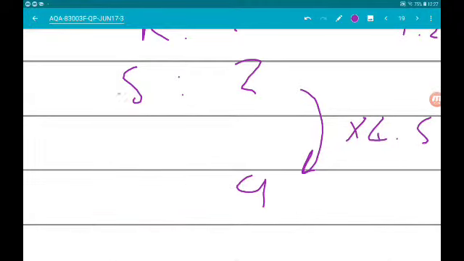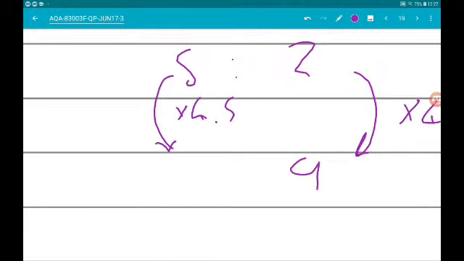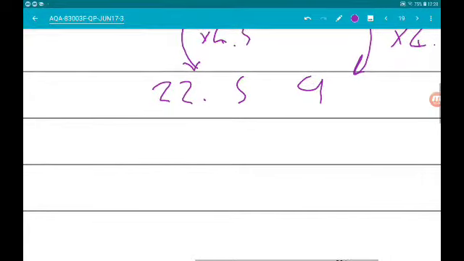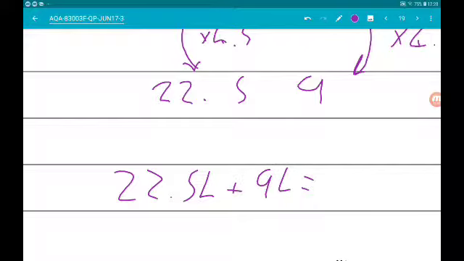So we have to do it to 5 as well. 5 times 4.5 is 22.5. So we're going to mix 22.5 litres of red with 9 litres of blue. Altogether, that's 31.5 litres. Cool.